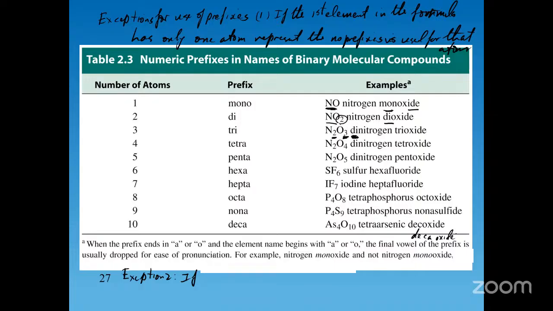If a binary molecular compound has hydrogen as one of the 2 elements, then no prefixes are used at all.